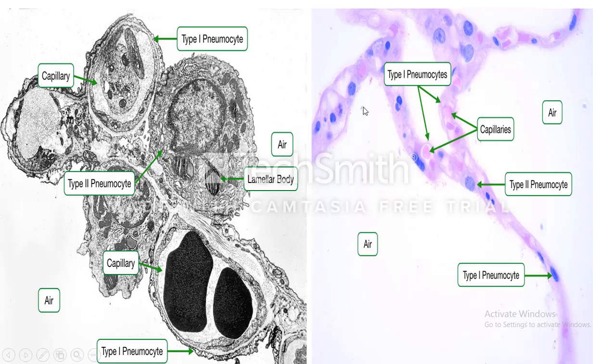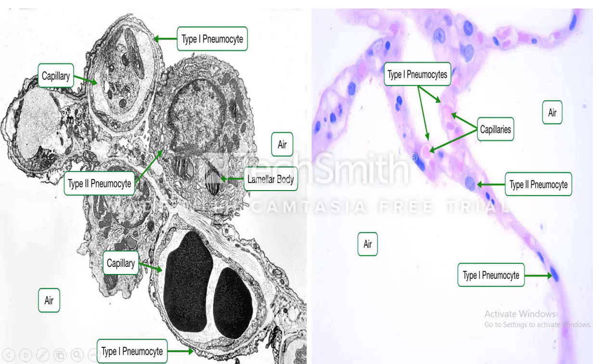Very good. This is pneumocyte 2. And this is pneumocyte 1. Why? Because these cells have a flattened nucleus. Very good. Okay? Pneumocyte 1, pneumocyte 2.